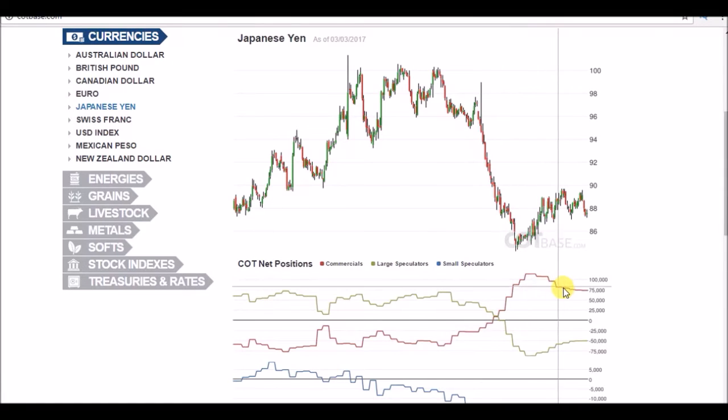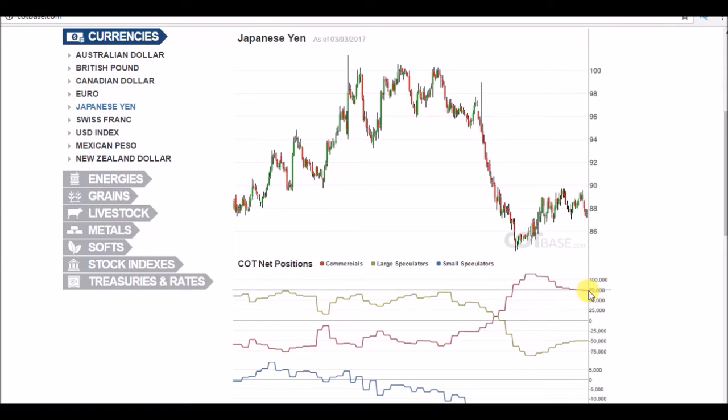You've got the commercials, the red, are 75 positions long the yen, and the speculators are short. It's absolutely amazing how the shapes and the weeks they actually change their positions, sort of mirroring each other. This isn't as high as it has been in the past. It has been really high in the past.